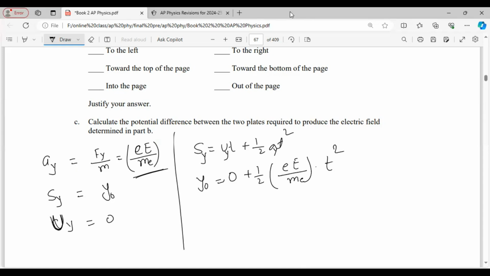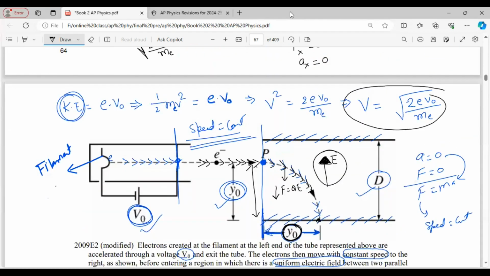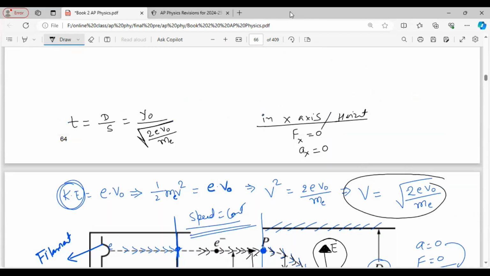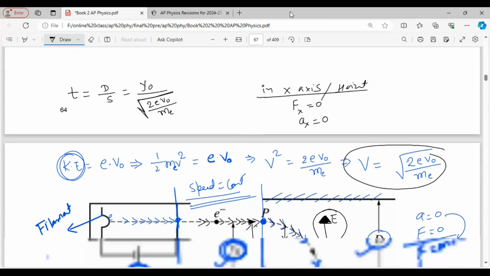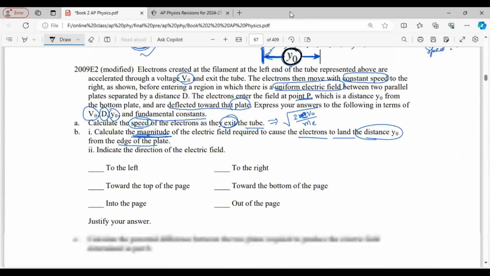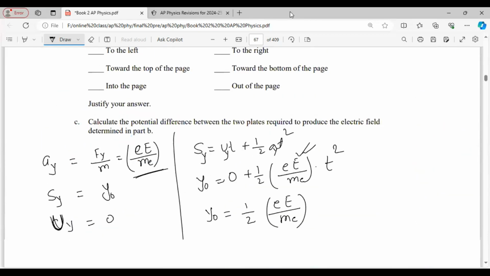We also know the t square value. We are interested in the value of this E. Let me put, so y naught is equal to half E upon m of e and t square. What was my t? I have the value of t also. So my t was y naught upon, what was this?